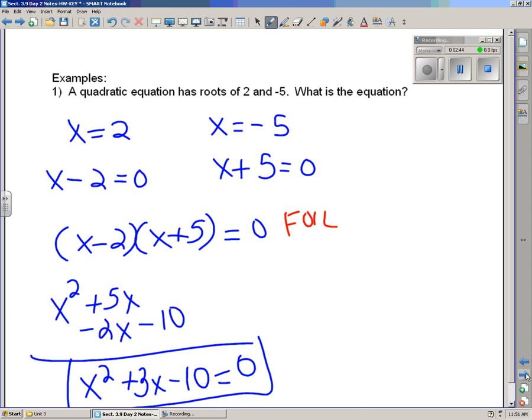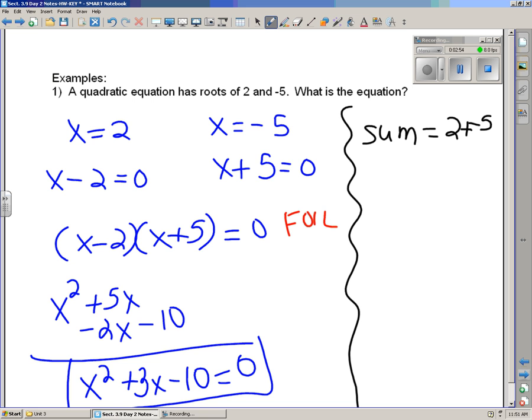Here's the other way to do it. You might find this a little bit faster, a little bit simpler, but it's your choice. The sum of the roots would be 2 plus negative 5, which equals negative 3. The product of the roots equals 2 times negative 5, which equals negative 10. The equation you set up would be x squared minus the sum times x plus the product equal to 0.